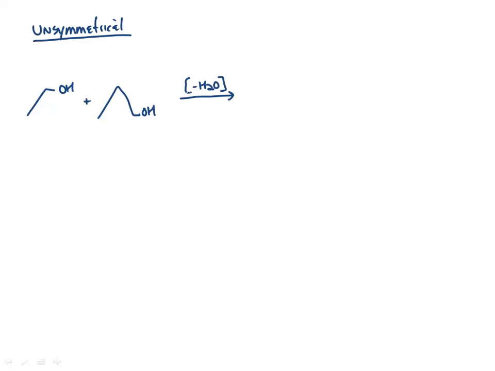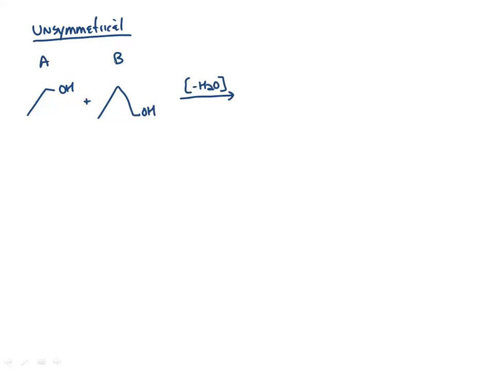So let's do it with an unsymmetrical example. So there's that plus that. I'm going to label them just to make it easier. So I've got basically molecule A and alcohol B. And remember, there's bajillions of these, right?